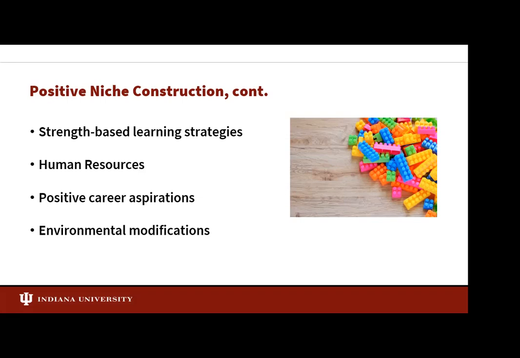Also, another thing for educators to do that is part of the positive niche construction is having positive career aspirations. Educators should encourage students to find what careers work for them. And going back to strength awareness, maybe finding what they are good at that they can apply in a work environment.